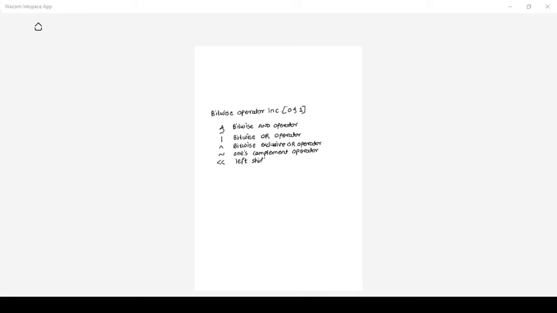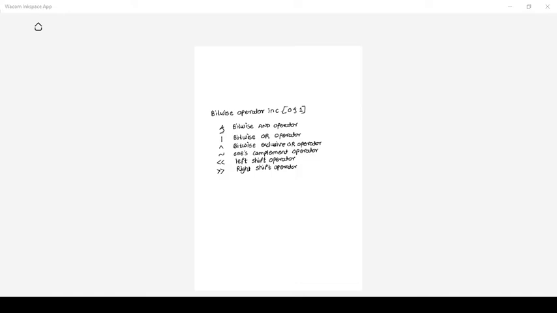And the last one is the right shift operator. So these are the bitwise operators. After this we will see the truth table of these bitwise operators, and then we will go with the examples.